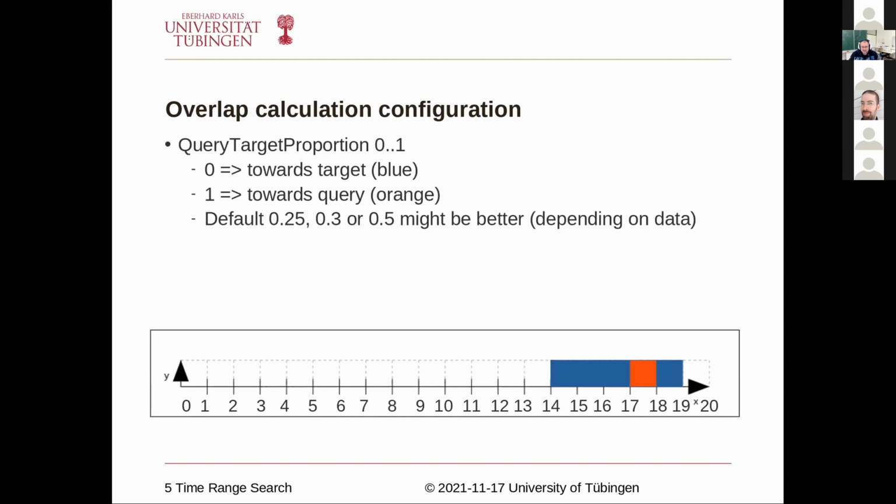And then it will decide based on a factor what exactly the result ratio will be. So it needs to decide whether it relies more heavily on the orange factor or on the blue factor, and that can be configured with this query target proportion, which defaults to 0.25, which means that it's pretty much relying on the blue rather than the orange one, but you can also change that and apply a different factor.